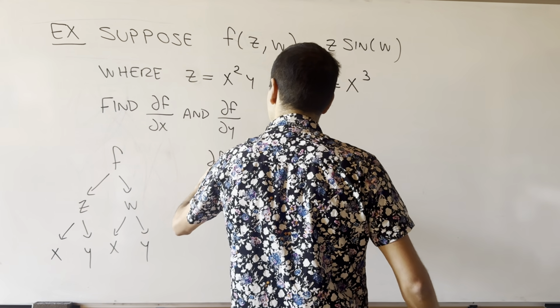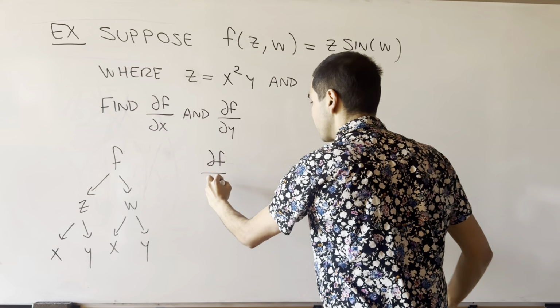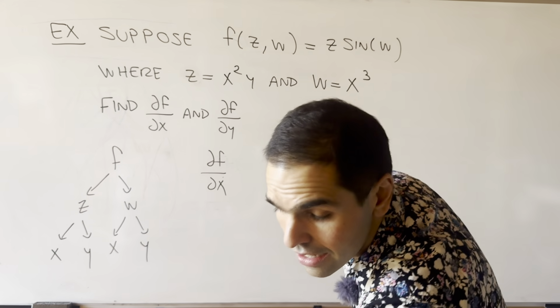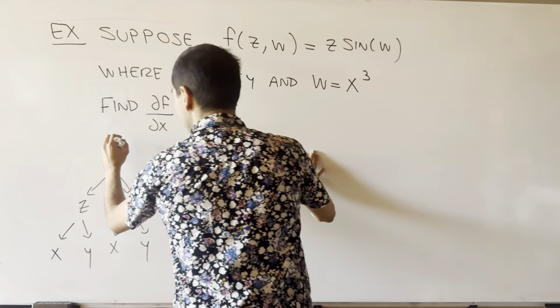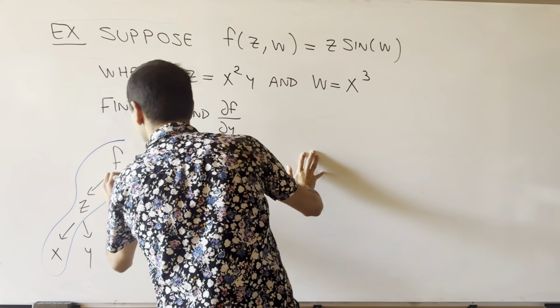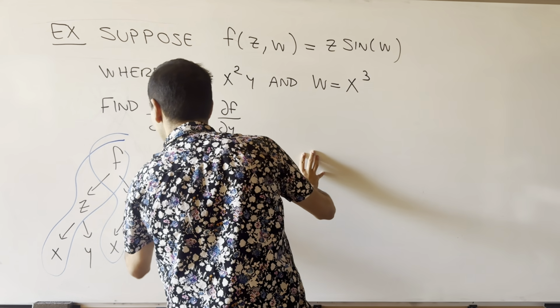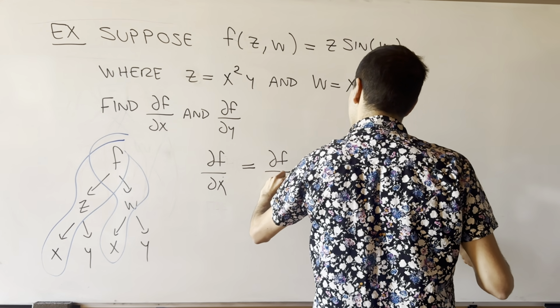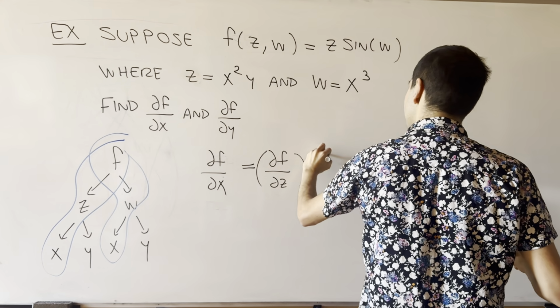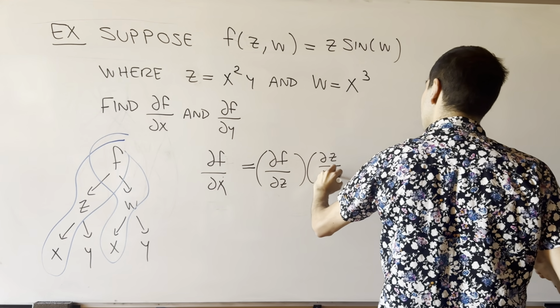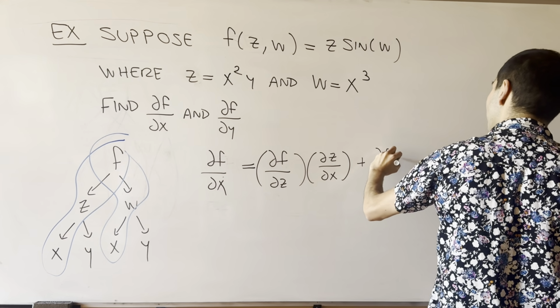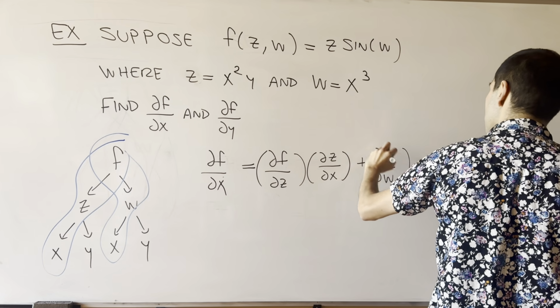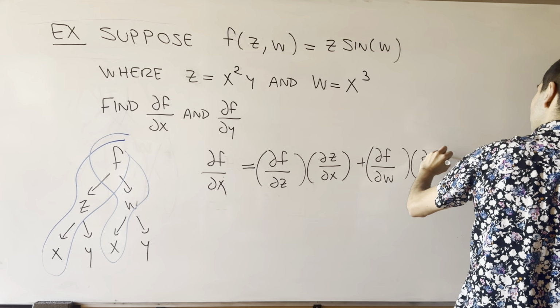And so in this case, df over dx. Once again, you follow the chains that end in x. So that's df over dz times dz over dx plus df over dw times dw over dx.